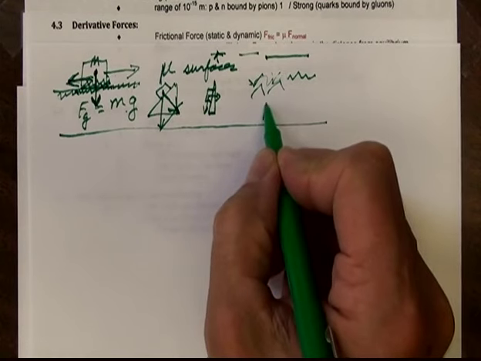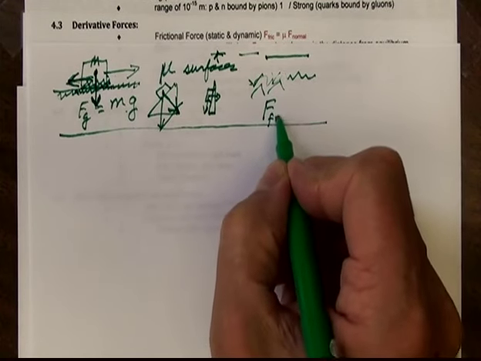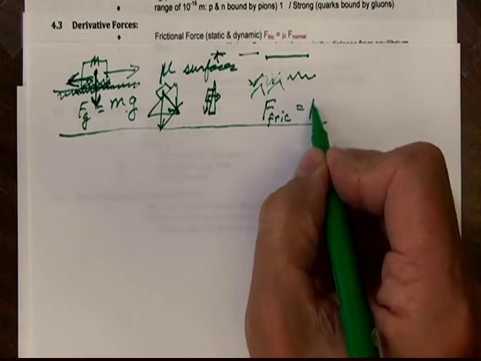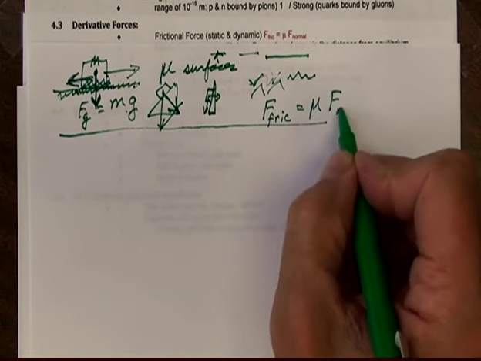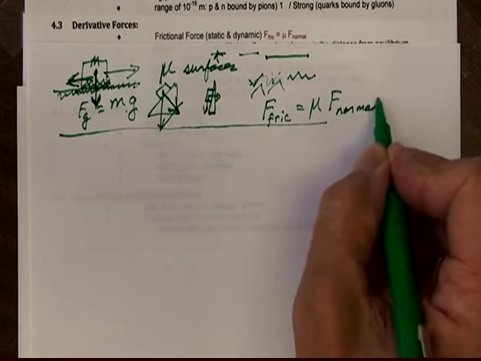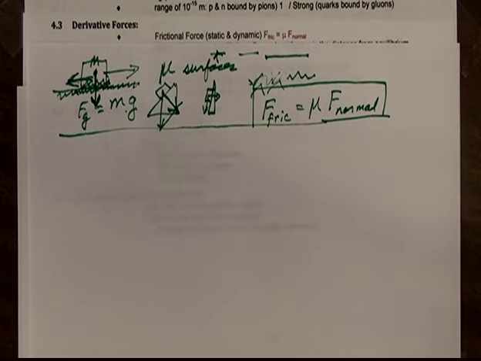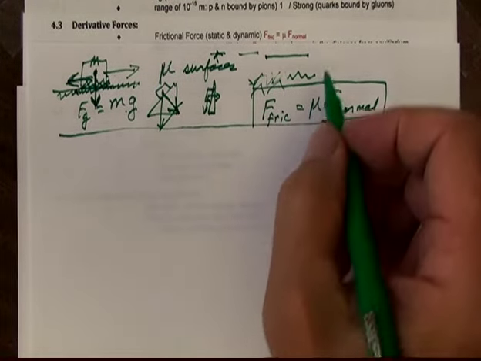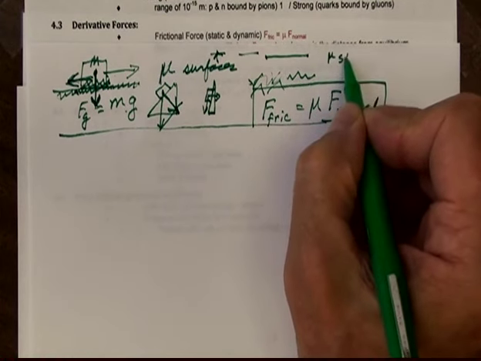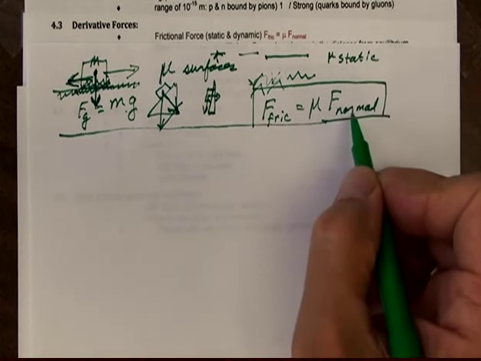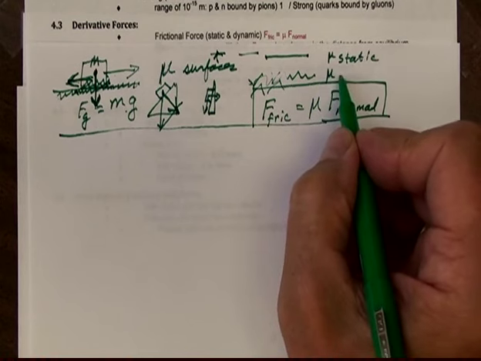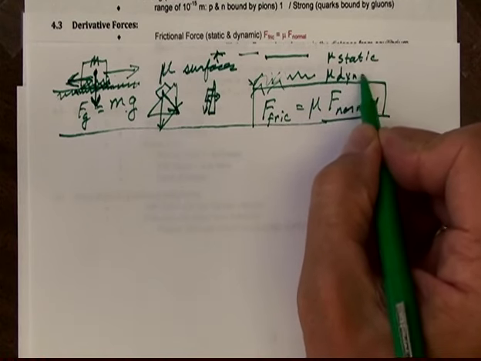And our very important equation here is the force of friction is equal to mu times the normal force. This is the equation you must be familiar with. This mu here also can be mu static if the objects are not moving, or mu dynamic.